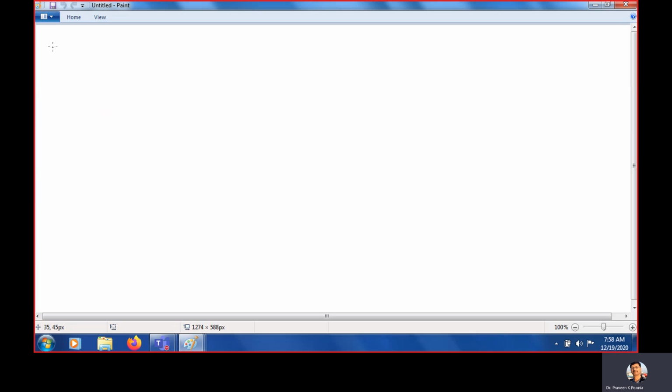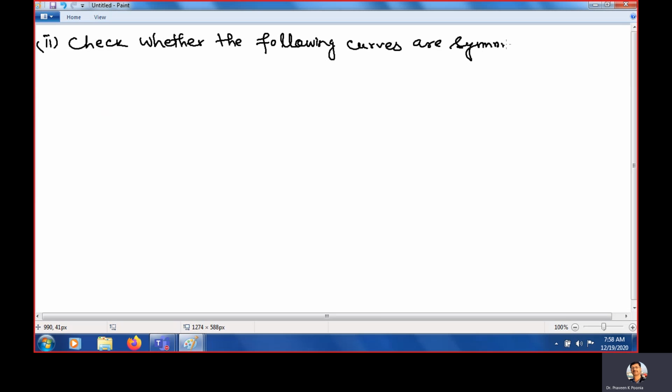If somebody asks you the second type of question: check whether the following curves are symmetrical with respect to origin.